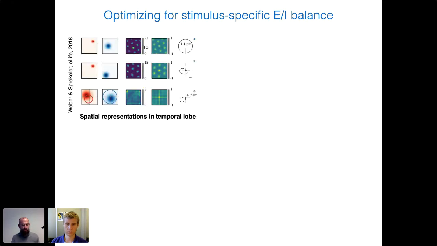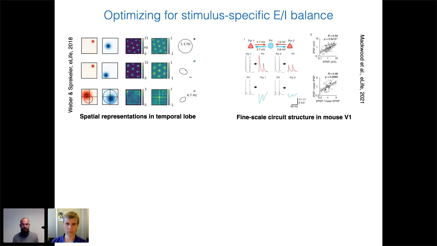We've been able to show that you can just optimize for EI balance and get things like place cells and grid cells a couple of years back. You can optimize for EI balance and explain synaptic fine-scale circuit structure in mouse visual cortex.